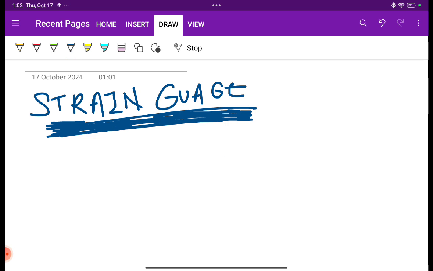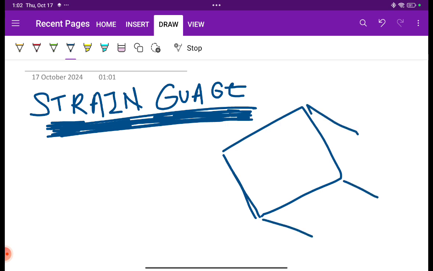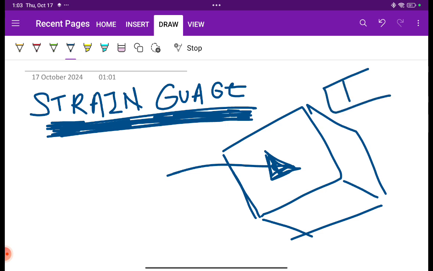If there is a surface and an external load is applied upon it, at this time there is a device called strain gauge. It looks like this, with a positive and a negative terminal.